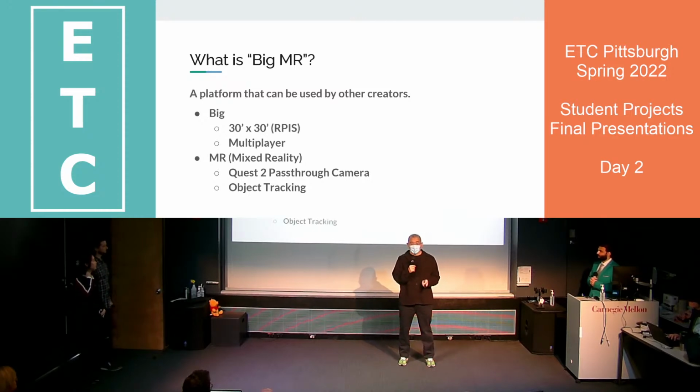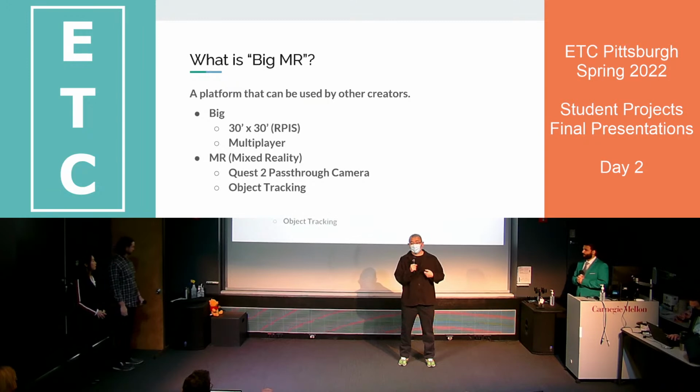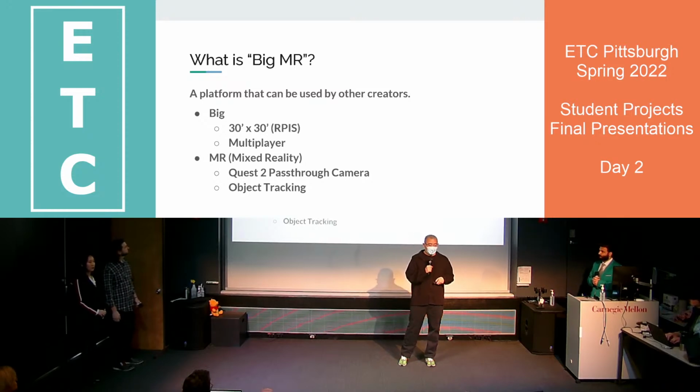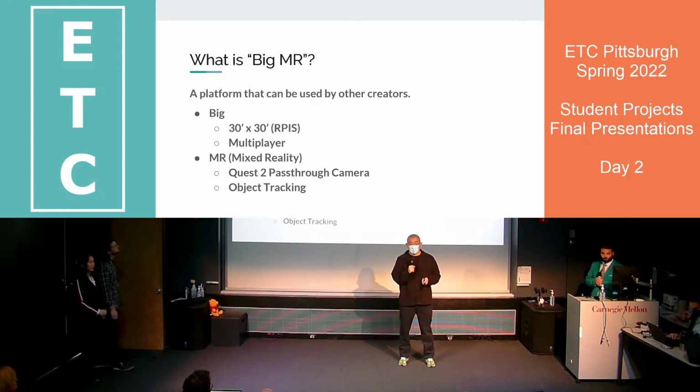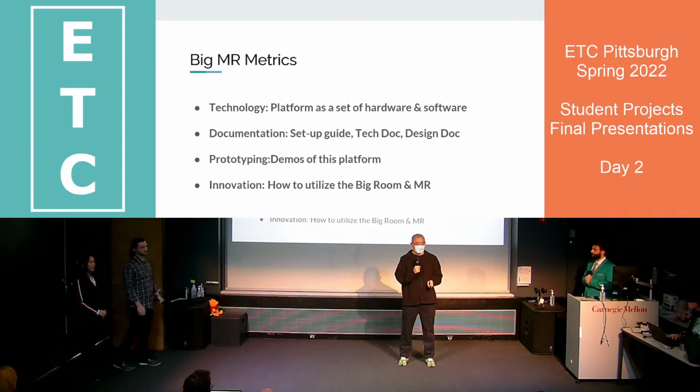Then it's mixed reality, including the Quest 2 pass-through camera, which can blur the mixed reality and virtual reality with the real world. And the final one is object tracking. We are using the Vive trackers for object tracking, but we also explored other systems in these masters.